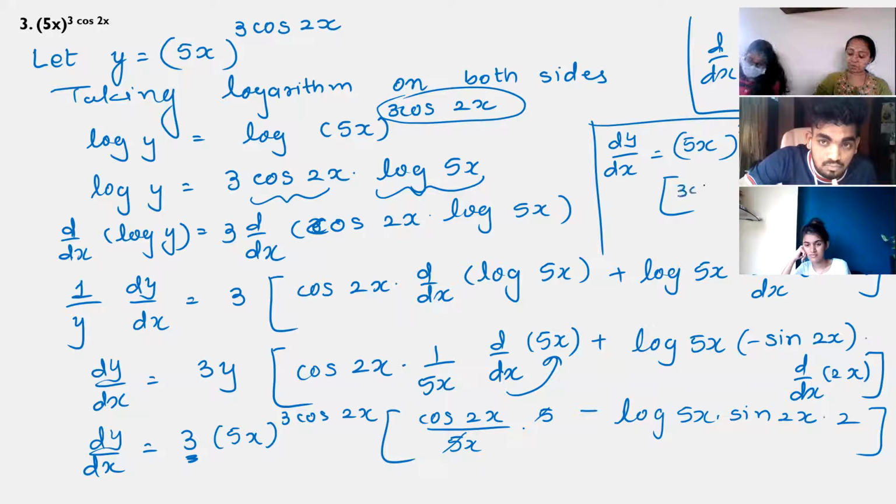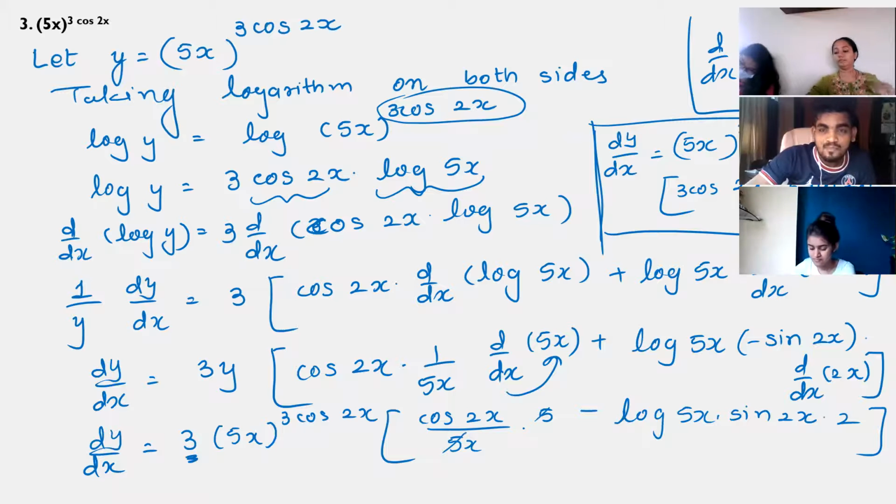It is 3 cos 2x minus 3 times sine 2x into log x. That was the third question. Let's do the fourth question.